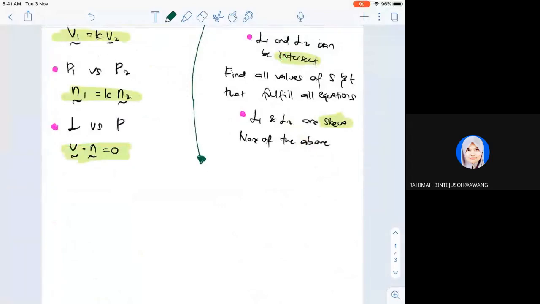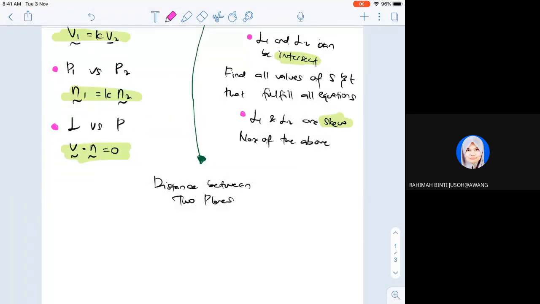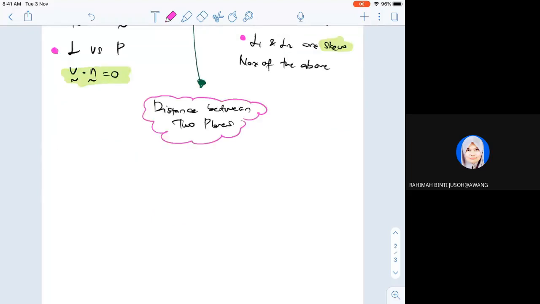Okay, distance between two planes. Okay, distance between two planes. We have a formula of distance like this.